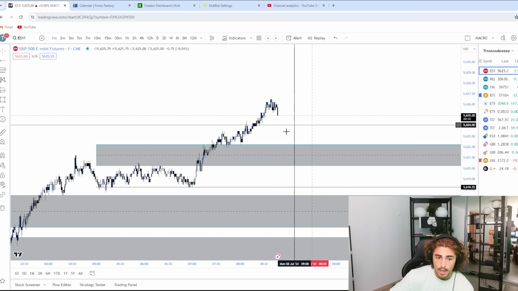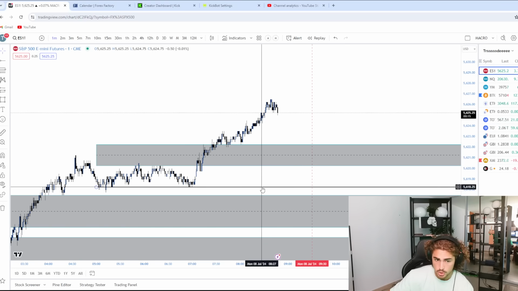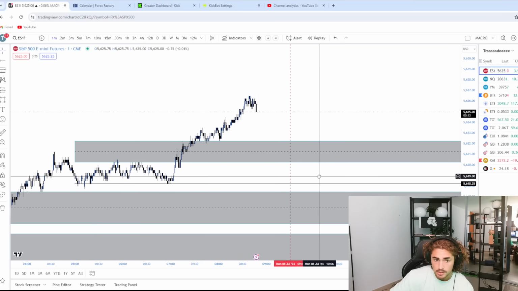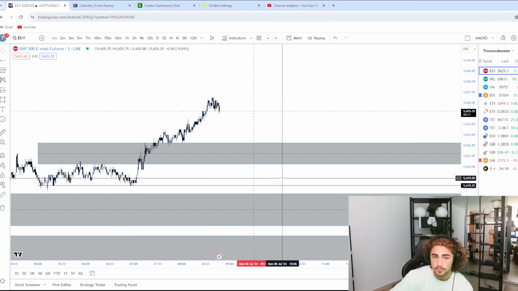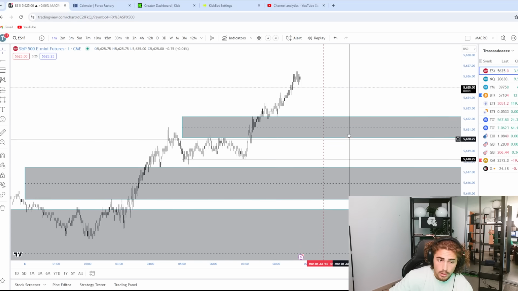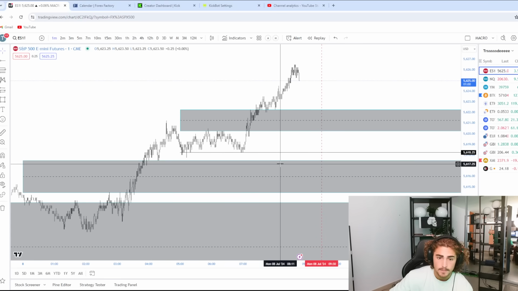Or I'm going to be looking for this draw on liquidity getting swept, and then from there, break of structure, inverse fair value gap, followed by fair value gap, order block, breaker block, equilibrium entry. Or I'm going to be looking for this 1 hour fair value gap to get filled.